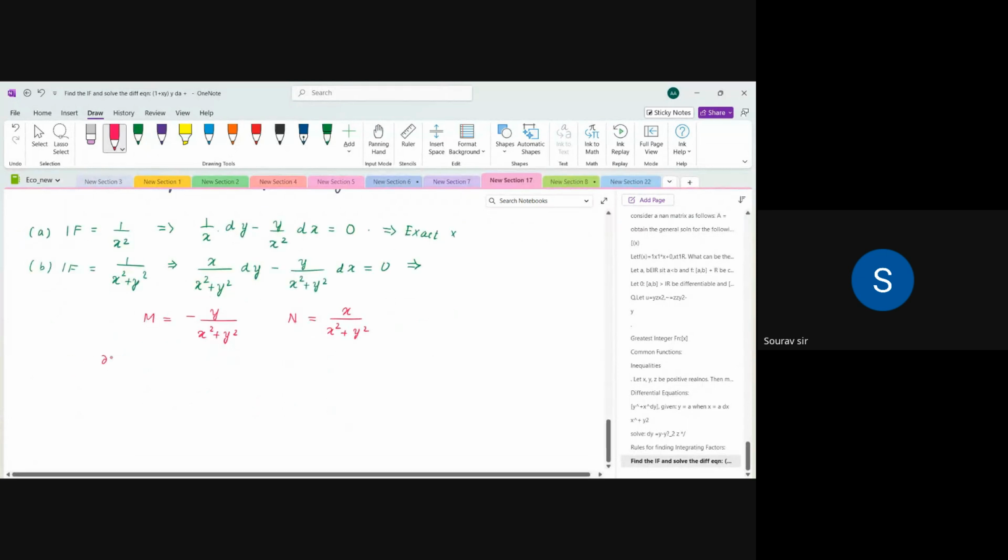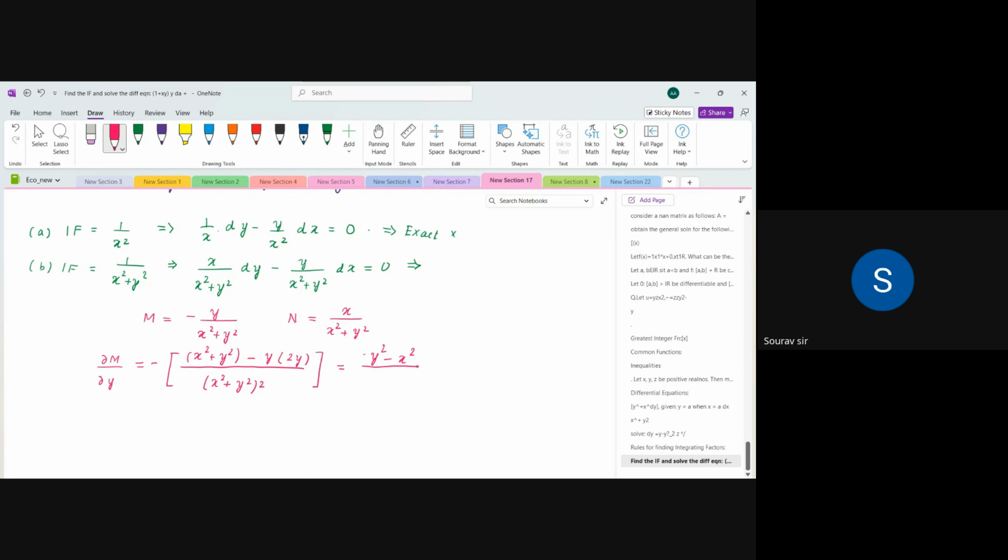So you have to do del M by del y. So that will be minus, the second into derivative of the first minus first into derivative of the second, divided by x square plus y square whole square. Correct? So that will be minus 2y square plus y square minus y square. So this will become y square minus x square divided by x square plus y square whole square.